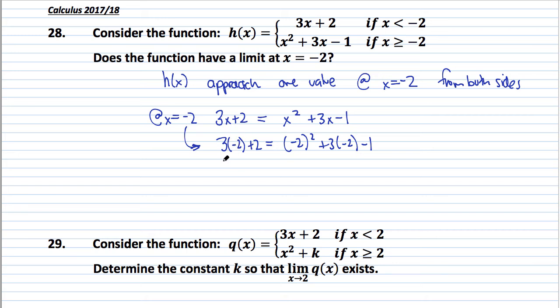So on the left-hand side, we have -6 plus 2 equals, so (-2) squared is +4, minus 6 minus 1, so we have -4 on the left, and on the right we have -3, so these do in fact not equal each other. So does our function have a limit at x equals -2? No. Our limit does not exist because these do not approach the same value from both sides.